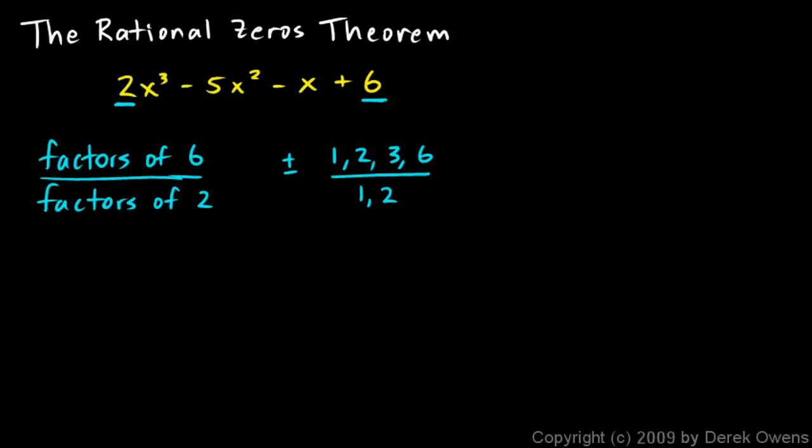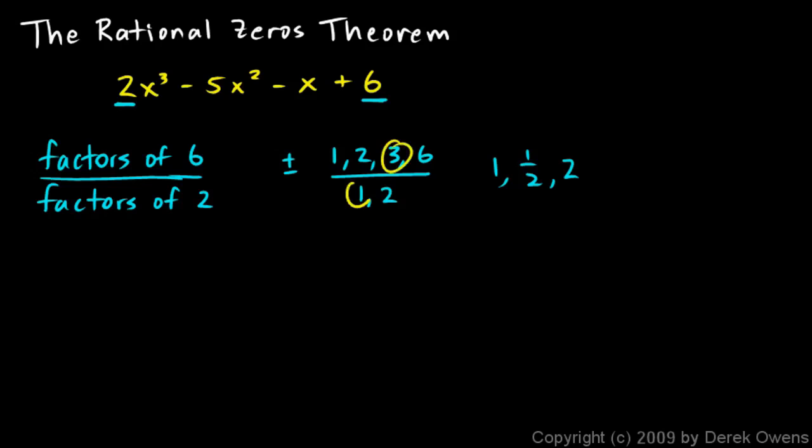So we'll do this systematically. We'll start here with 1 over 1, which is just 1. And then next one we'll do 1 over 2, which is a half. And then for the next one we'll do 2 over 1, which is 2. And then we'll do 2 over 2, which is 1. That's already in the list, so I'm not going to rewrite it.